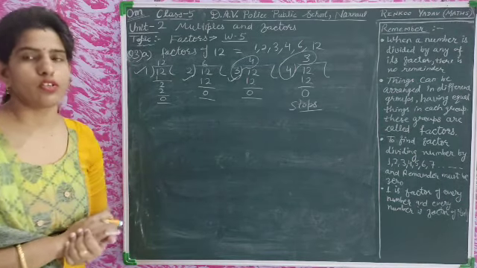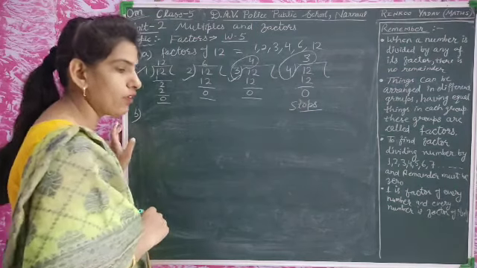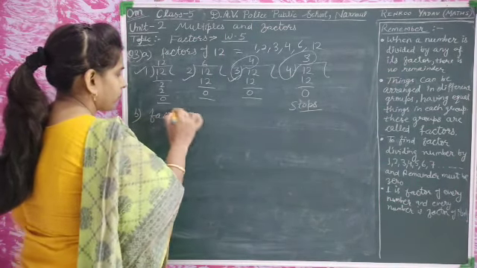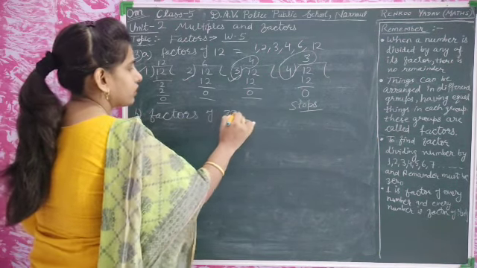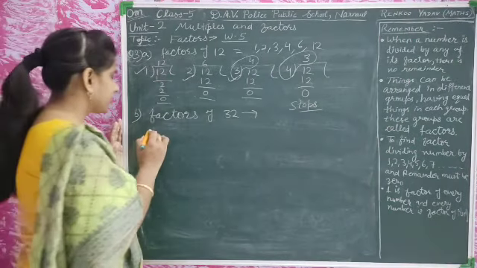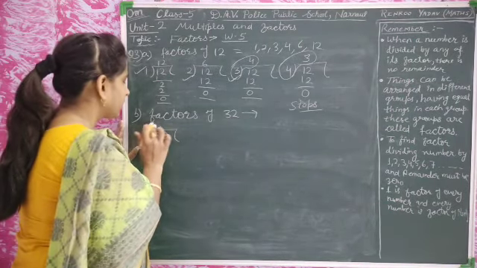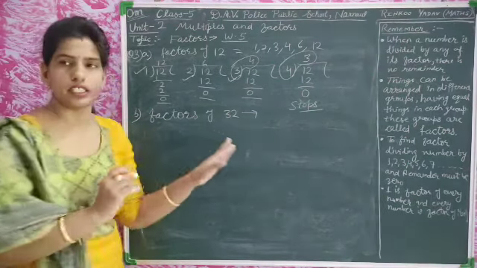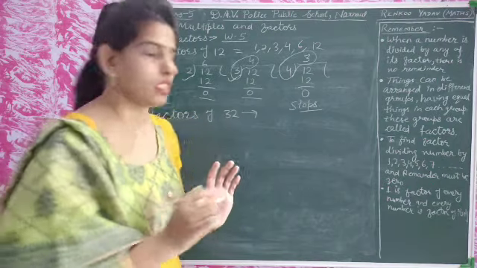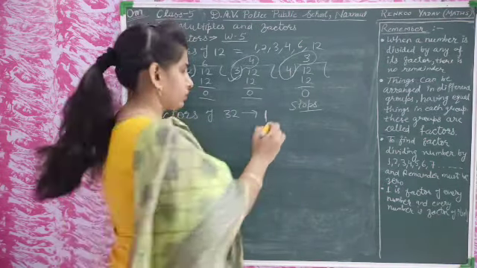Okay, students? Now let's see part B. We have to find the factors of 32. Factors of 32. We will start by dividing by the number 1. 1 and the number itself are always factors of that number. 1 is a factor of 32 and 32 is a factor of 32.